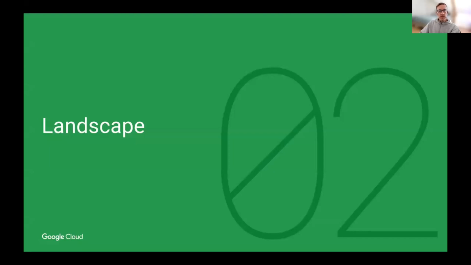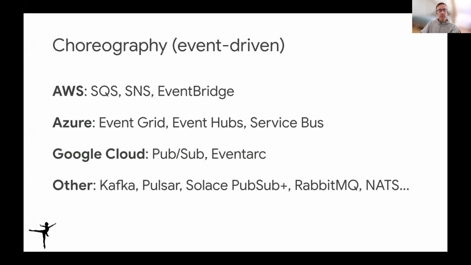So in terms of landscape, the major cloud providers provide solutions for choreography for event-driven architectures. On AWS, there are different services and queuing systems. On Azure as well, like Service Bus or different event products.